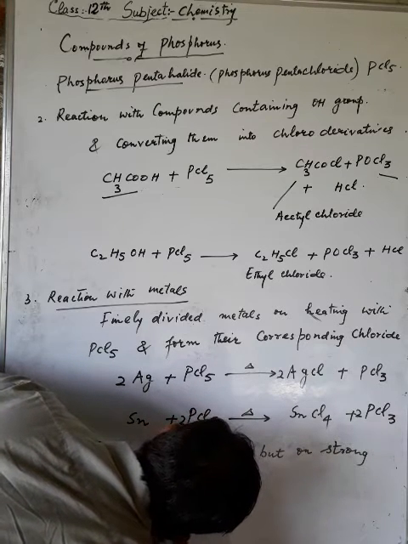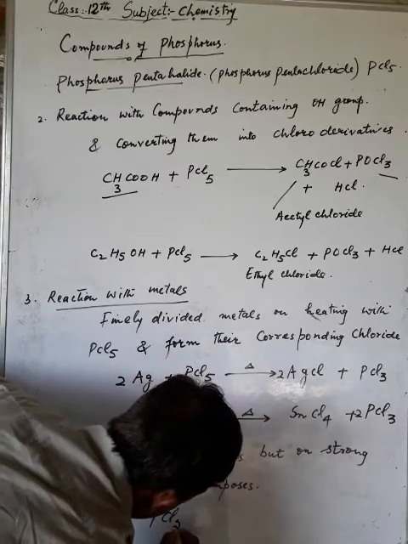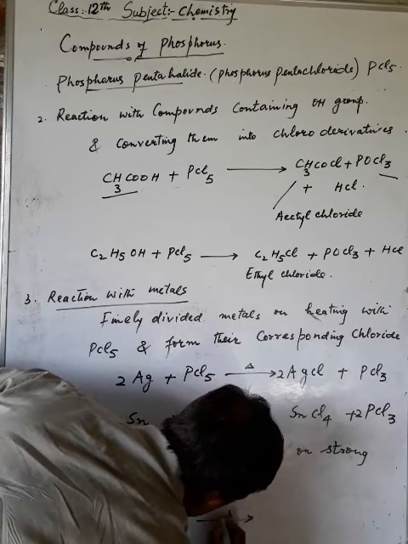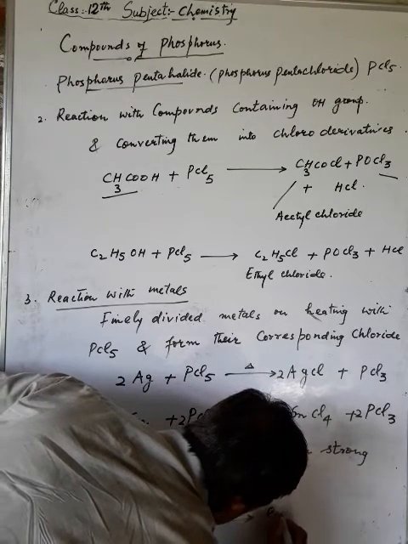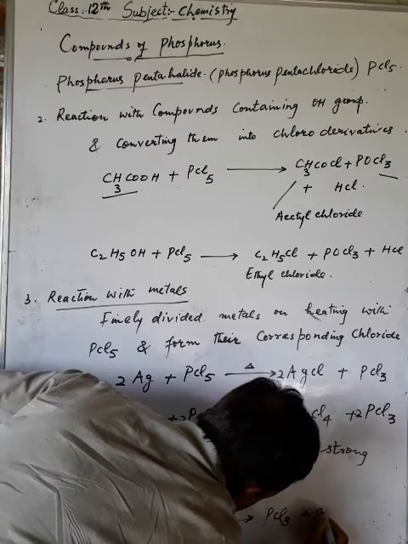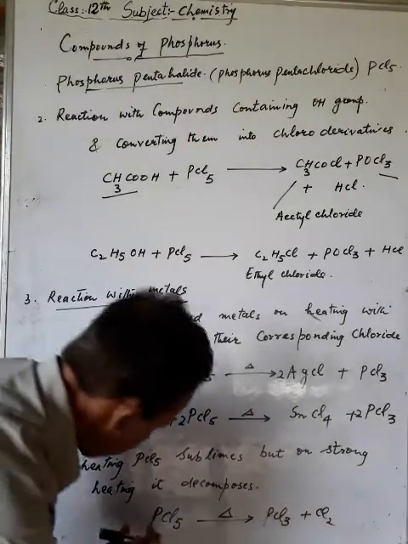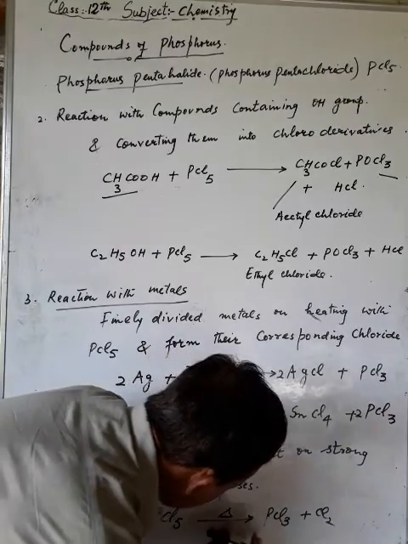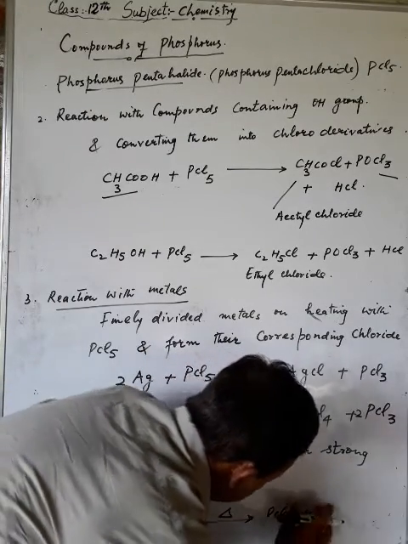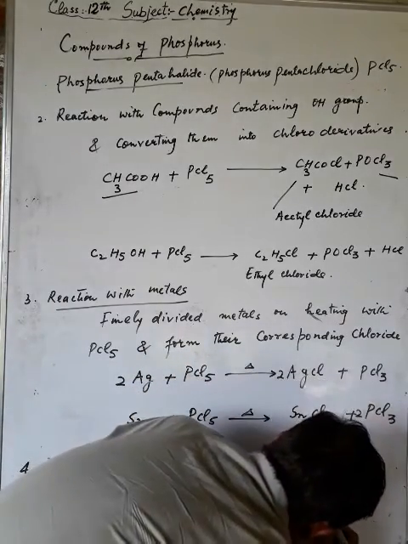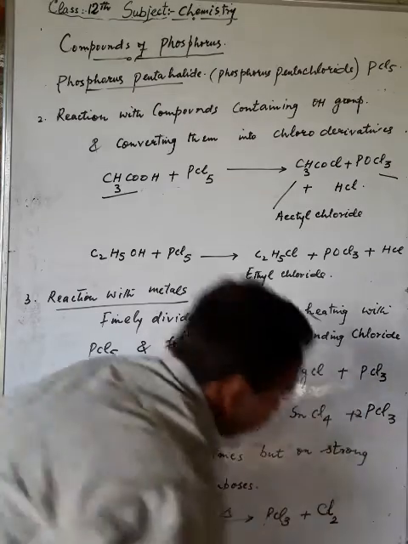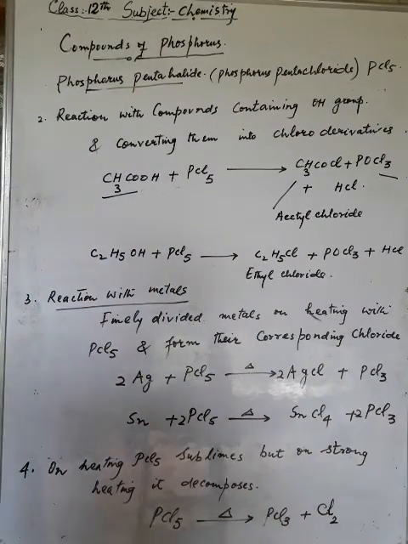So if we write the reaction, PCl5 on heating forms PCl3 and chlorine is liberated. Now if you see this reaction, it is already balanced. Phosphorus pentachloride upon heating forms phosphorus trichloride, and this is chlorine. These are some of the important properties.